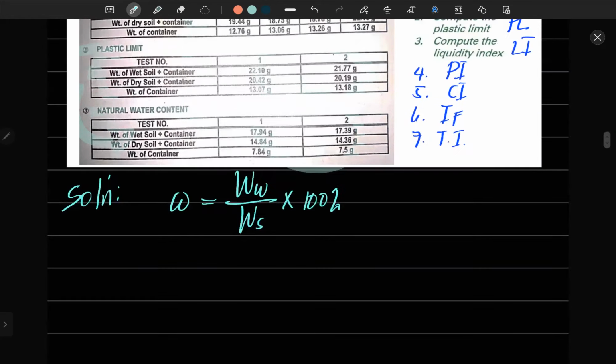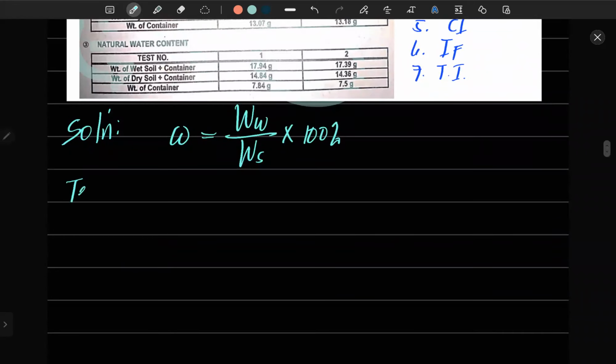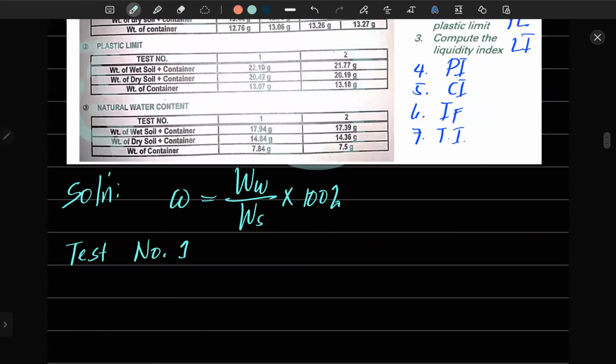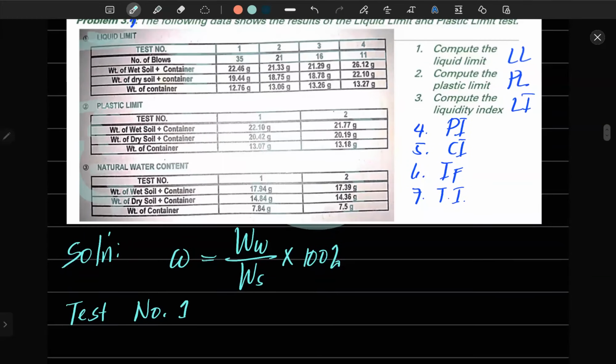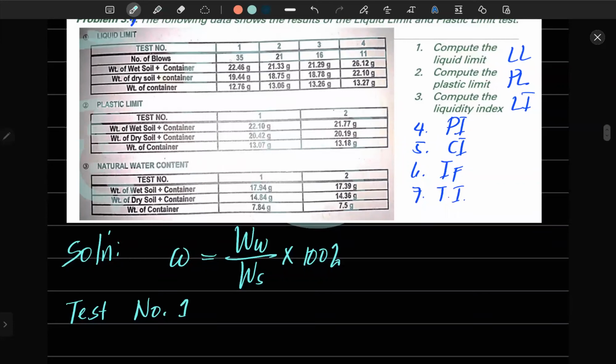Let's try to solve test number one, with the number of flows of 35. You can see here the values for the number of flows is decreasing as one sample of soil is tested many times for the liquid limit.